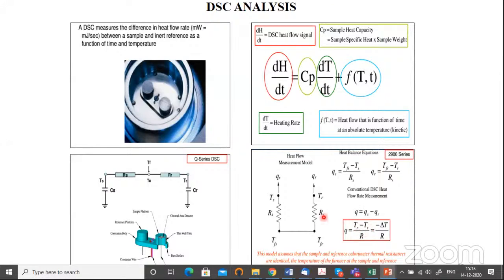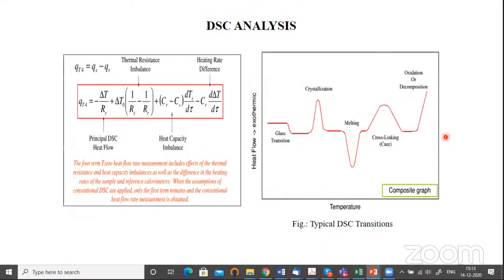Of course, the resistance of this circuit is governed by the thermal resistance which the reference or the sample gives. So in that way, you can have the heat balance. This is the principle on the basis of which we estimate the heat storage capacity of this particular phase change material.